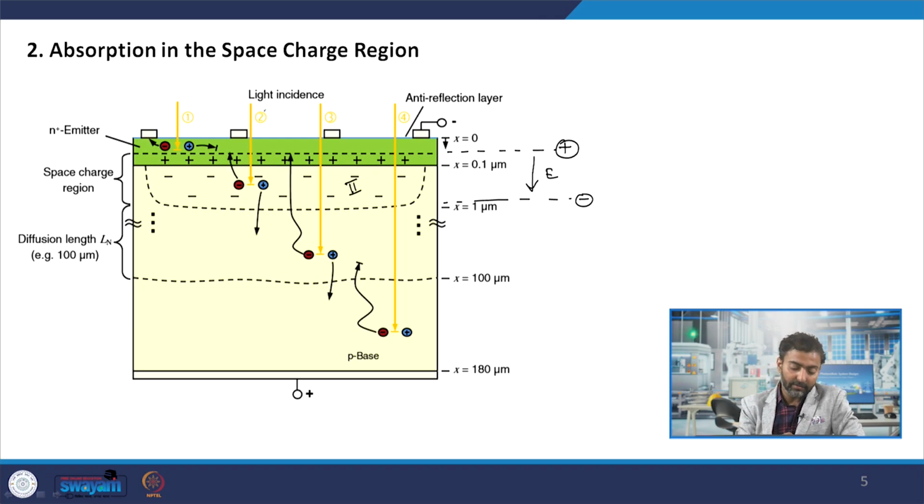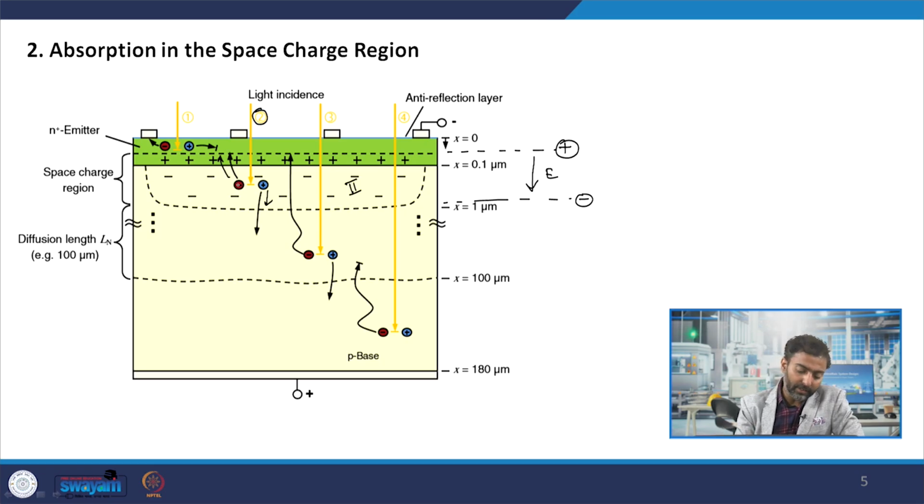Now let us say this photon 2 here gets absorbed within the space charge region. As soon as this photon gets absorbed, an electron hole pair gets created, and because of this electric field, naturally the electron is attracted to the positive plate of this electric field, and the hole is attracted to the negative plate. That is a natural phenomenon, because opposite charges attract.